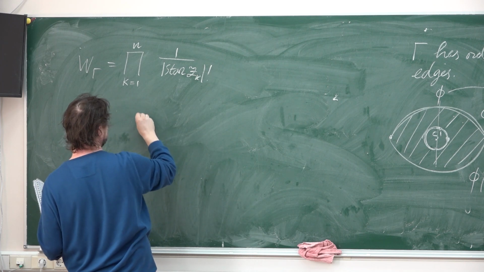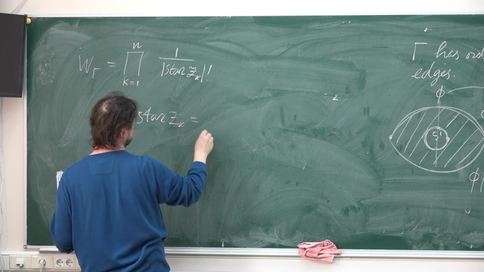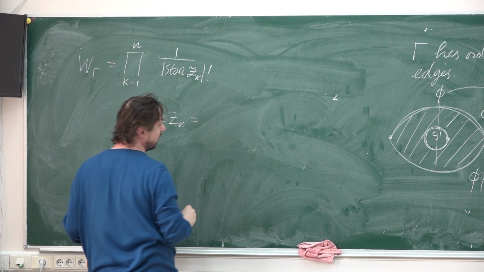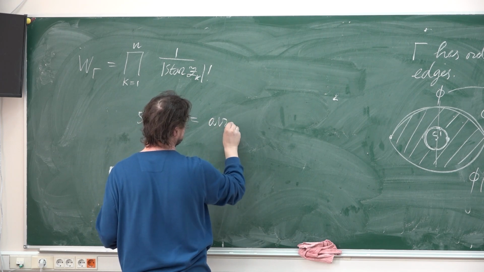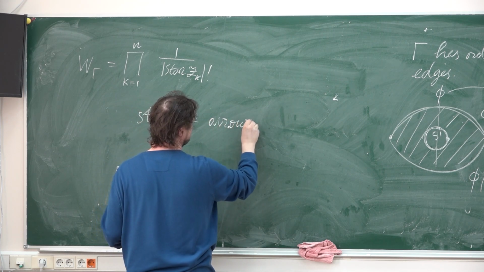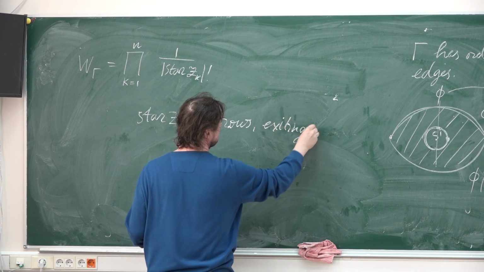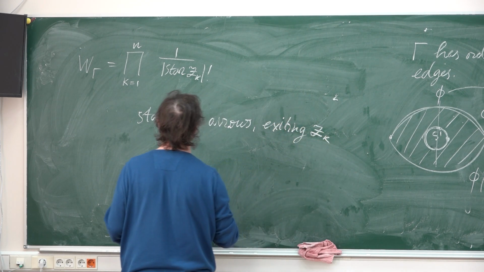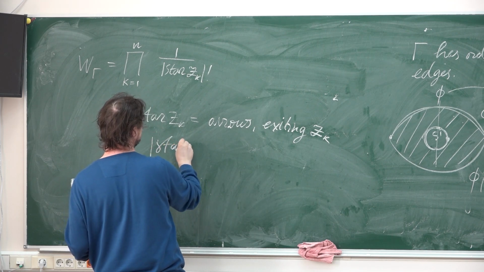So star of the point zk is the set of all arrows which exit this point. And mod star is just the number of these arrows.